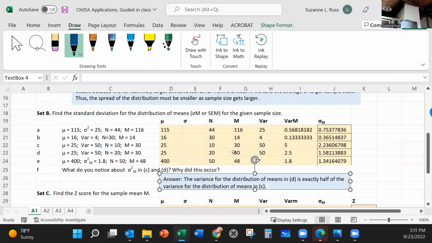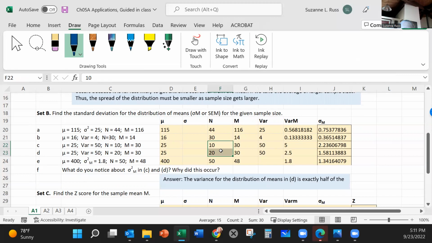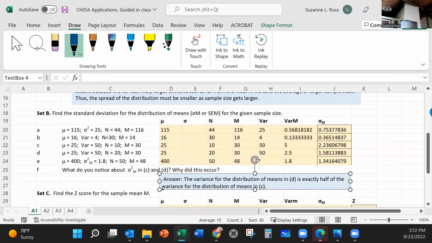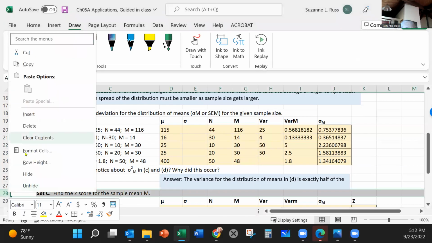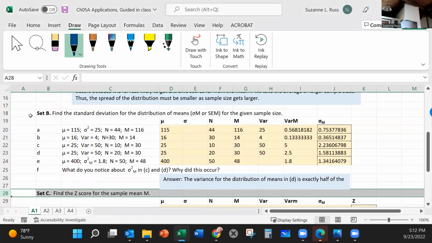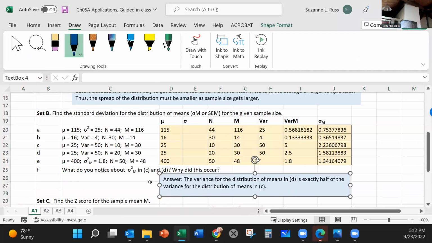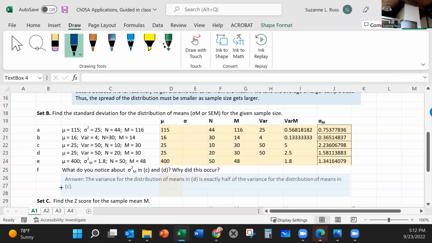Why does this occur? Well, I think it occurs because n is twice as great in D. It's kind of weird though, isn't it, right? I need a little more room I can see, so I'm going to add some space by inserting a row. And I'll extend maybe this way. I like that a little better.